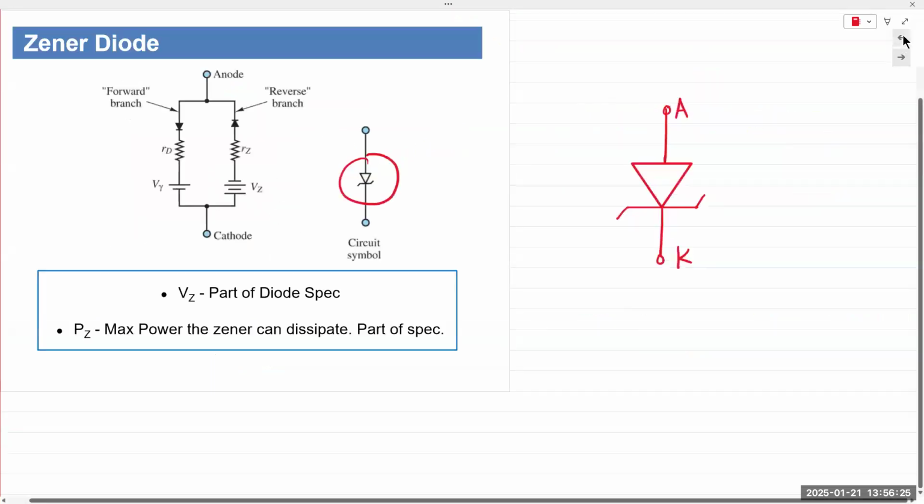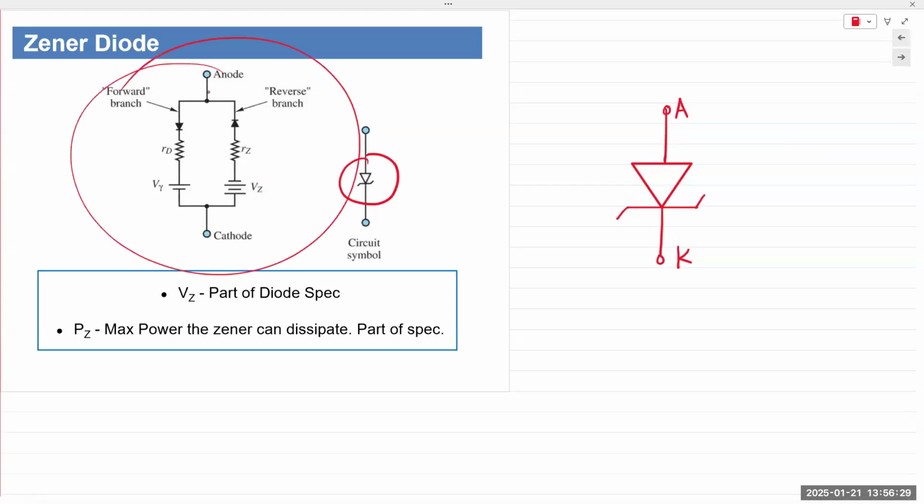And so we can create a model for the Zener diode in both the forward bias and the reverse bias. In the forward bias, it behaves like a normal or regular diode.